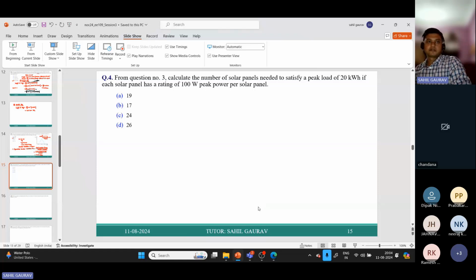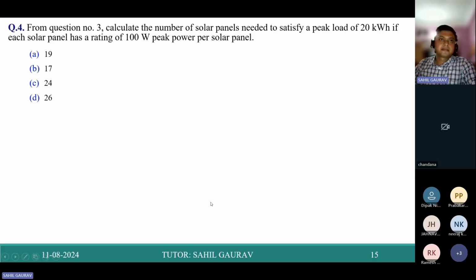Now the next problem: from problem number 3, you have to calculate the number of solar panels needed to satisfy a peak load of 20 kilowatt hour, if each solar panel has a rating of 100 watt peak power. This is a very easy problem, and there is no need for any expression or equation. From the data you can easily solve the problem. So here you have to find the number of solar panels.